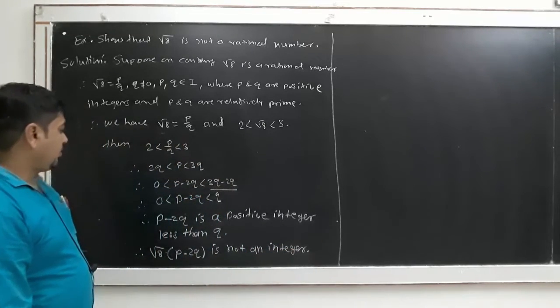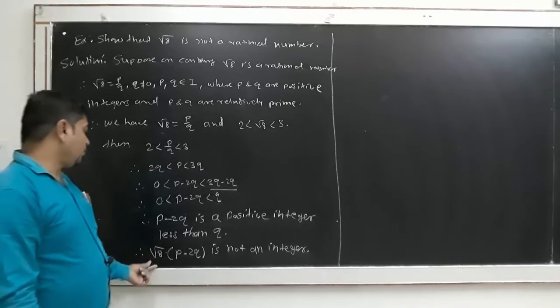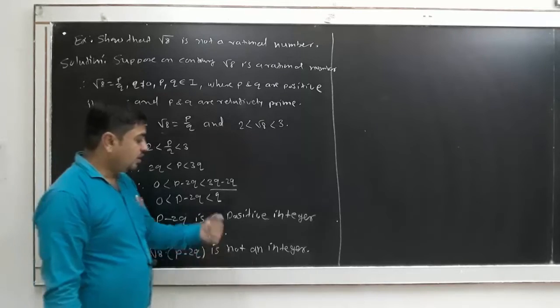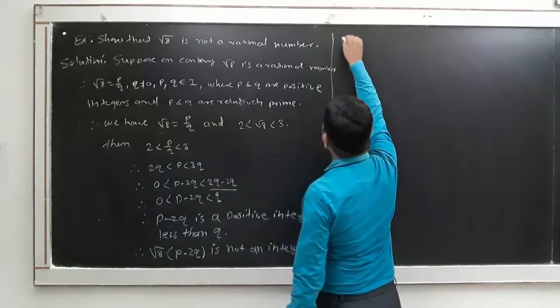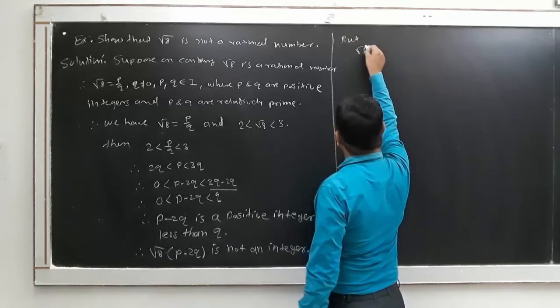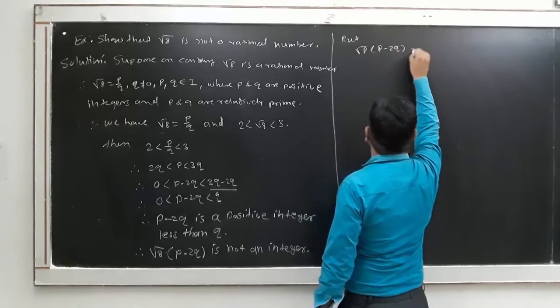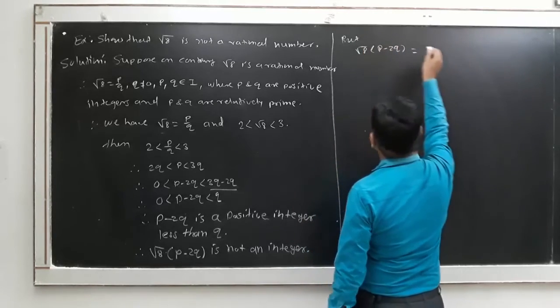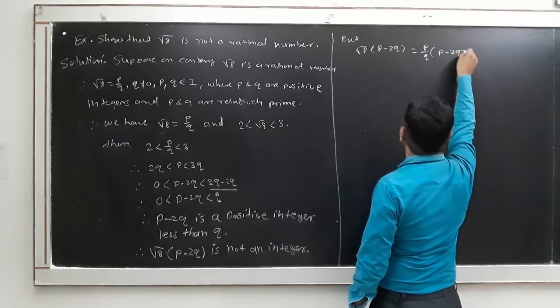Okay. P minus 2Q is a positive integer less than Q, therefore root 8 into this is not an integer. But root 8 into P minus 2Q, what is the value of root 8? It is P by Q, into P minus 2Q.